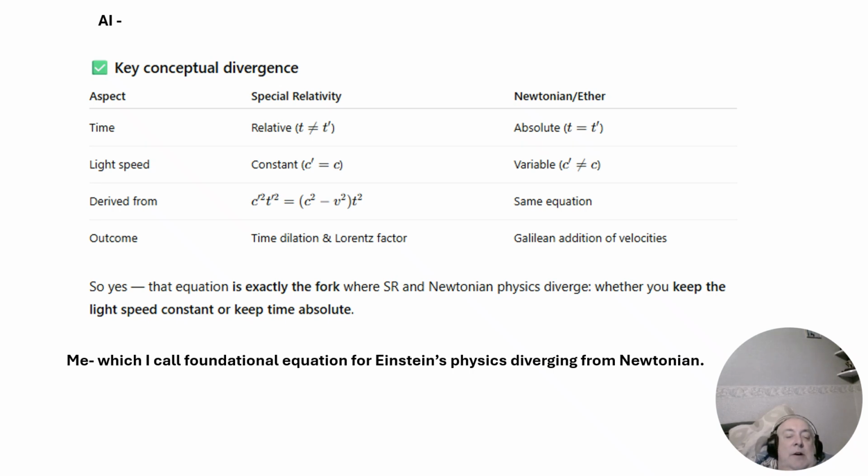AI then says, so yes, that equation, what I call the foundational equation, is exactly the fork where special relativity and Newtonian physics diverge. That's where you either keep the light speed constant or keep time absolute.